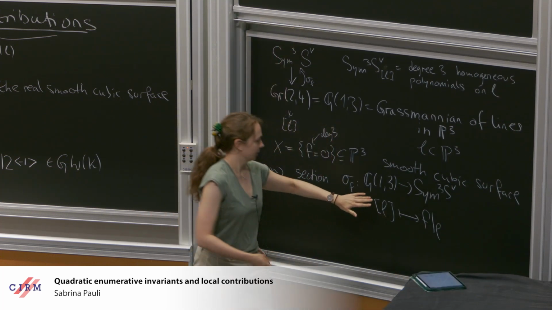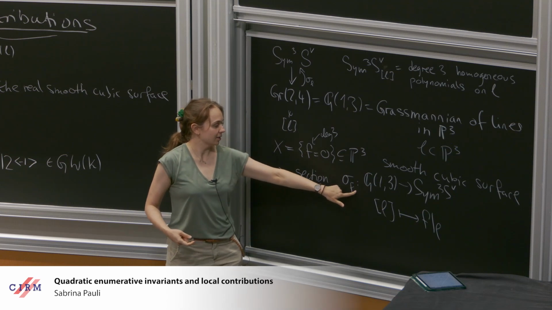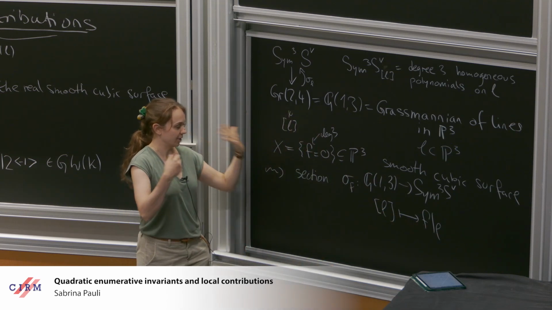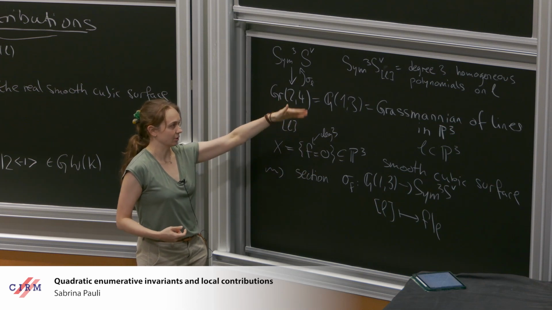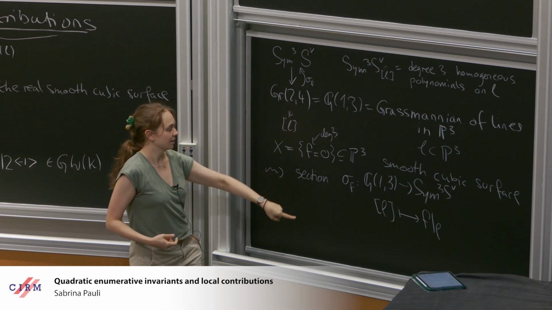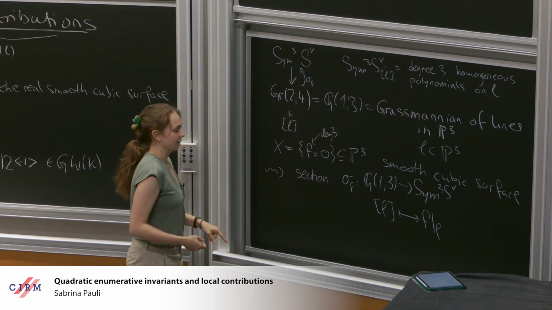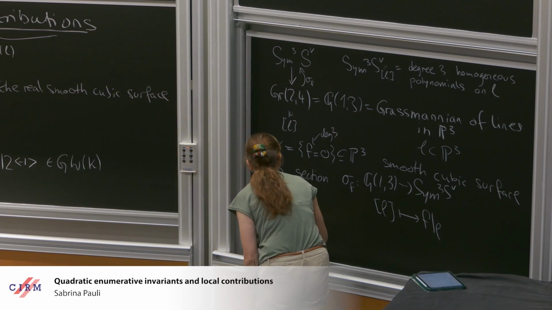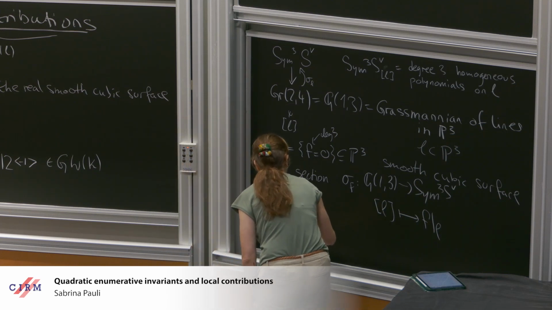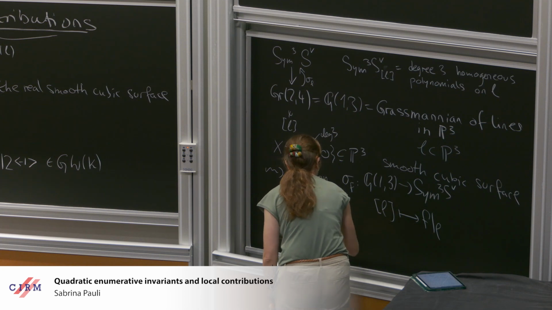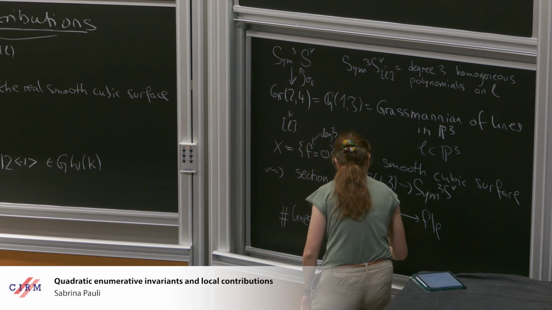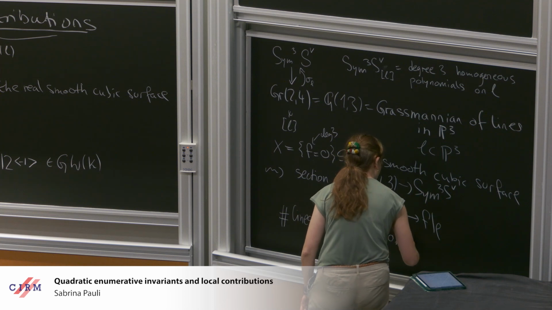Now, what are the zeros of the section? That's when f restricted to the line vanishes, or in other words, the line lies on the cubic surface. So the zeros of this section are exactly the lines on the cubic surface. So if I want to count the lines on X, I could just instead count the zeros of the section.